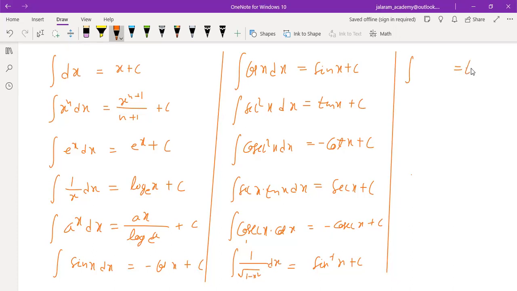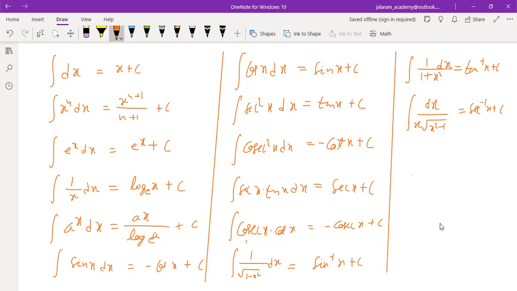Differentiation of tan inverse x is 1 upon 1 plus x square, so dx upon 1 plus x square is tan inverse x plus c. And differentiation of sec inverse x is 1 upon x root x square minus 1, so integration of 1 upon x root x square minus 1 equals sec inverse x plus c.